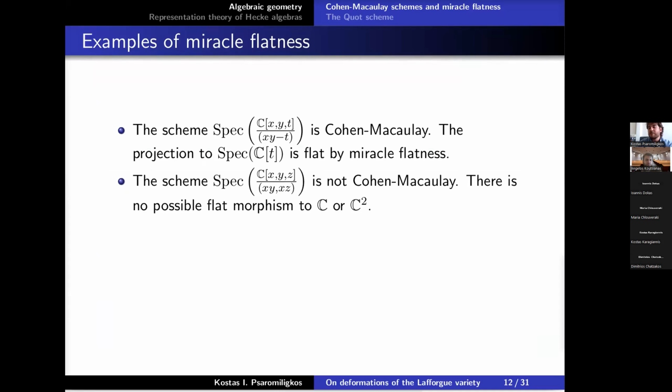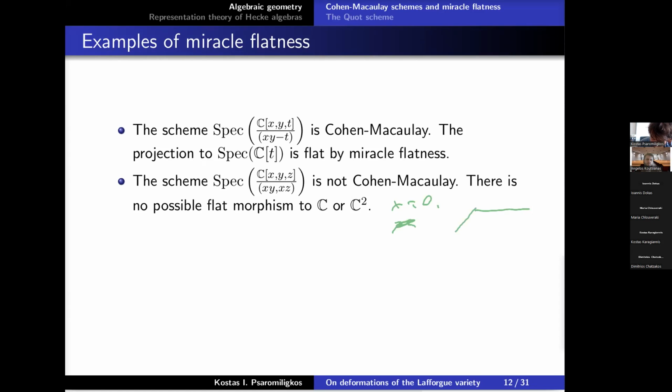So here's an example of something that's not Cohen-Macaulay, and I'll also give an intuition there. This scheme is what? We need xy to be equal to 0 and xz to be equal to 0. So either x is equal to 0 and we are in the yz plane, or y and z have to be 0.